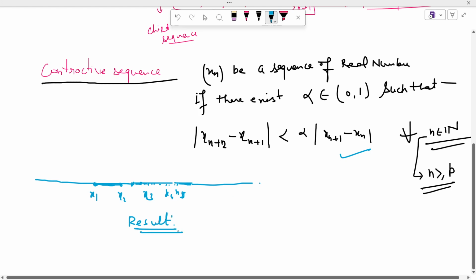So the result is that each contractive sequence is a Cauchy sequence.